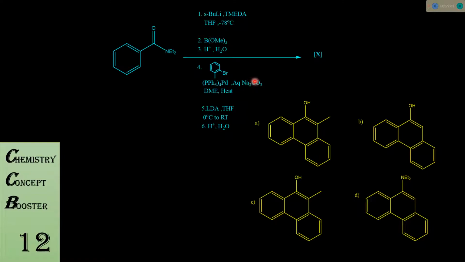So at first LDA and then acidic workup. This is the starting material. Let's see every step and try to understand the mechanism in every step, which reactions, which rearrangement, or which reagents are used.